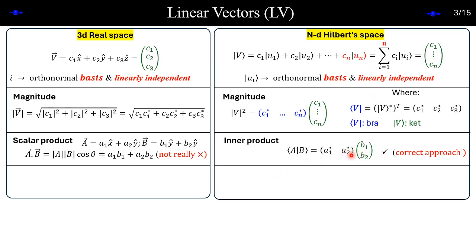This is a good representation. Do you agree or not? We have this column vector and we have this complex conjugated row vector. So this is coming from this side, the ket. Remember here? And this side is like the bra.